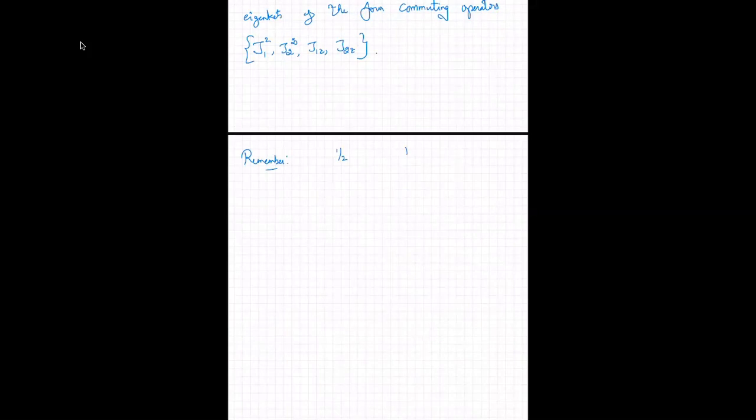Now the basis states for J1, M1 were (1, 0) and (0, 1). And for J2, M2 they were (1, 0, 0), (0, 1, 0) and (0, 0, 1). Agreed?